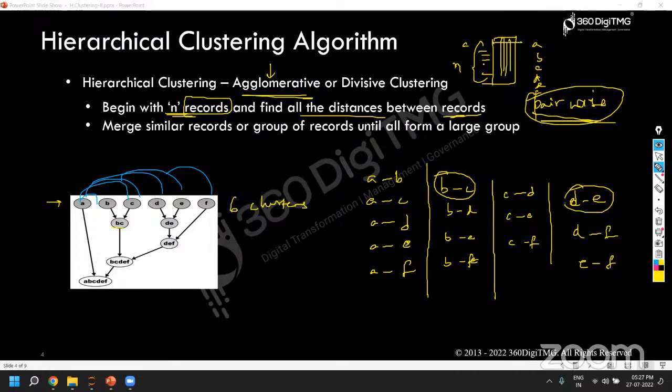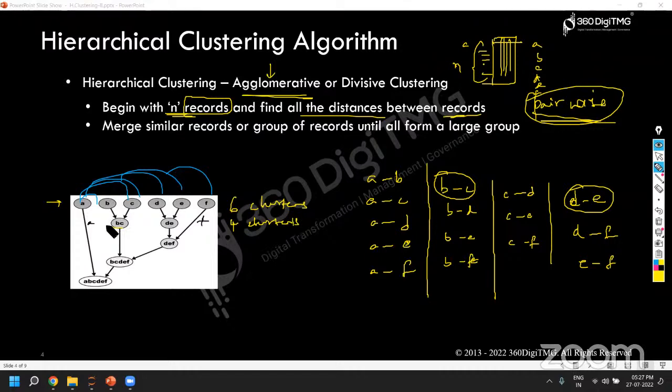Assume. So what should we do? We merge these 2 records. And now we are calling this a cluster. So now I have only 4 clusters. From 6 clusters, it has become 4 clusters.